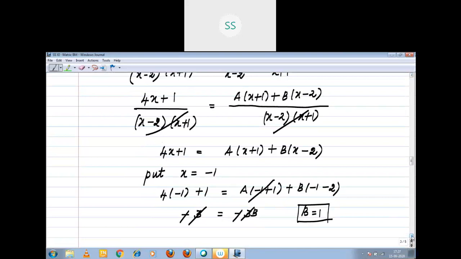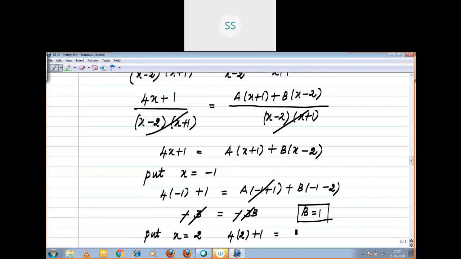Finally, I arrived at 4x + 1 equals A into (x + 1) plus B into (x − 2). I want the values of A and B. So first I substitute x equal to −1. Next I am going to substitute x equal to 2.